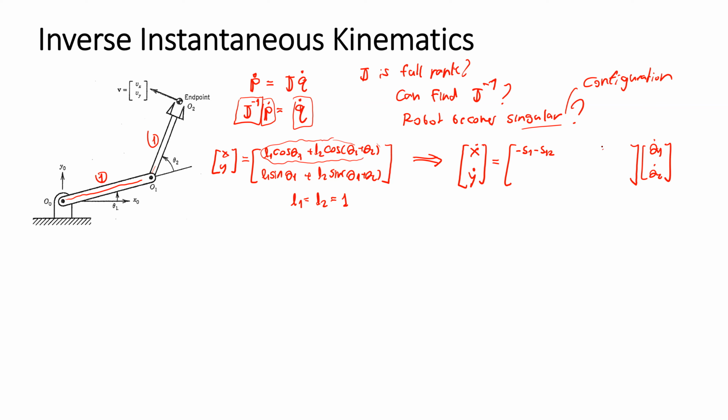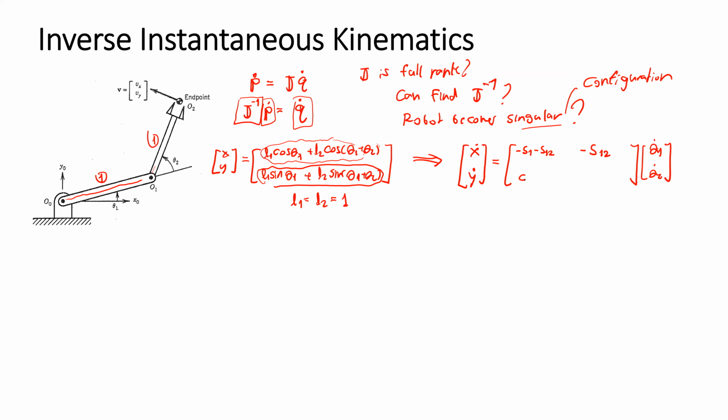The second component, we differentiate by theta 2. We consider theta 1 as constant. So we have minus sin of theta 1 plus theta 2, just only this. For this component, we differentiate y by theta 1.